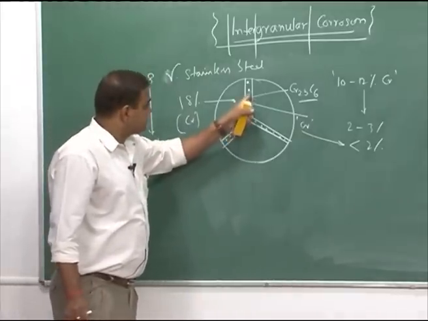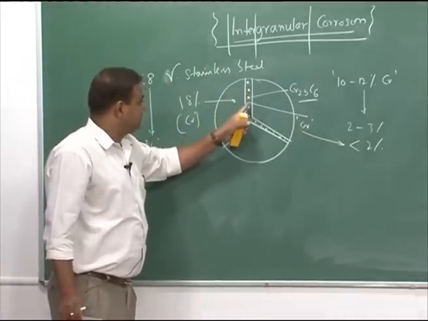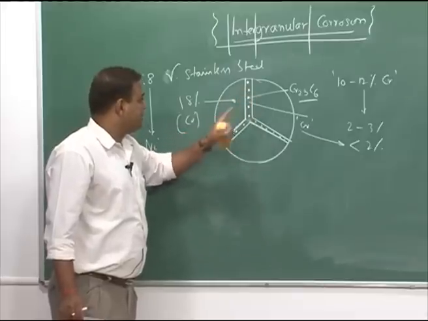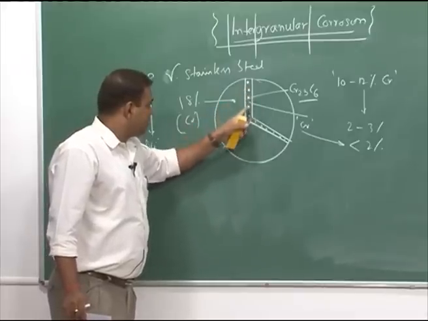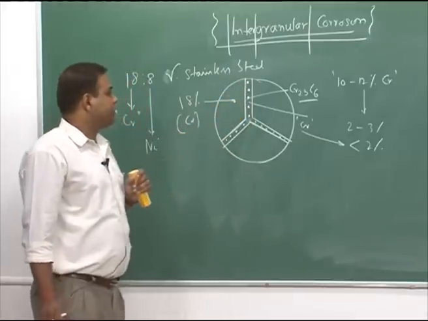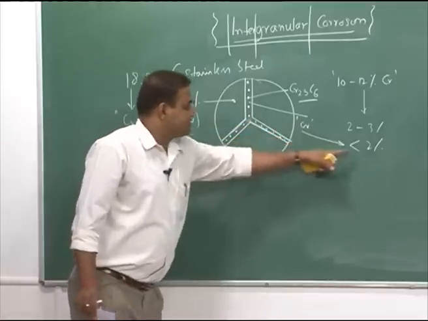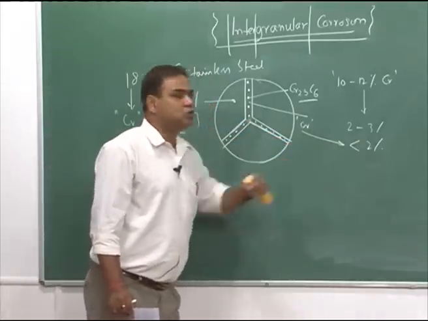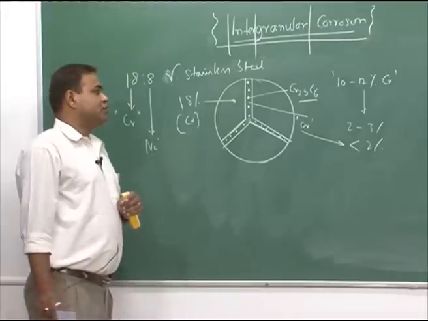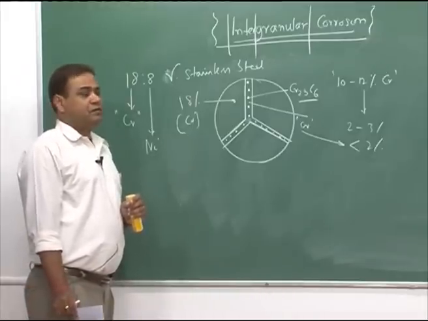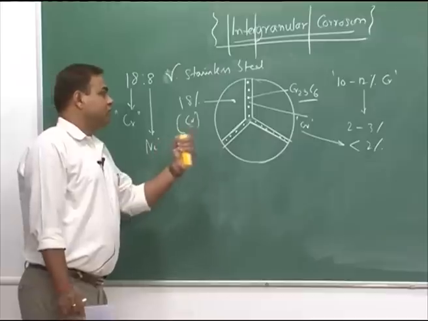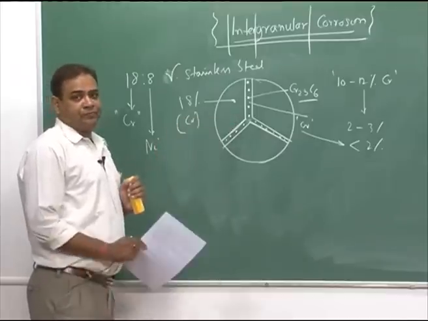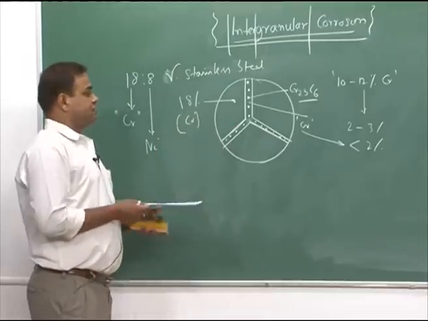But in the regions surrounding the chromium carbide, the chromium content is less than 2%. Once it goes below 2%, we do not have the protection that is to be given by the chromium in the form of chromium oxide.